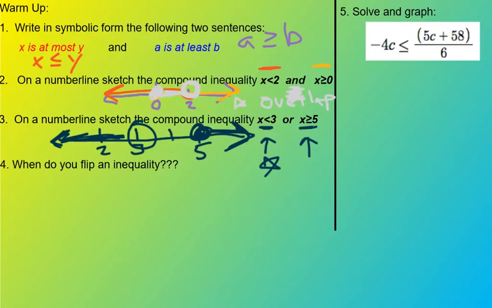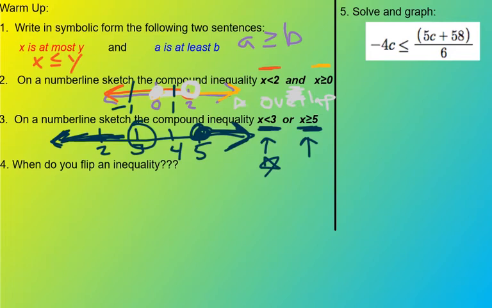But if you take something like 4, 4 is not less than 3, and 4 is also not bigger than or equal to 5, which is why it's not in the shaded area. You could have done that same thing up here. If you take 1, 1 is less than 2 and also bigger than or equal to 0. But something like -1, -1 is less than 2, but it's not bigger than or equal to 0. That's why it's not in there, okay?